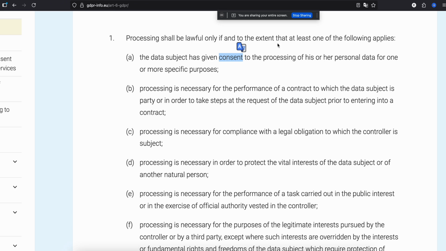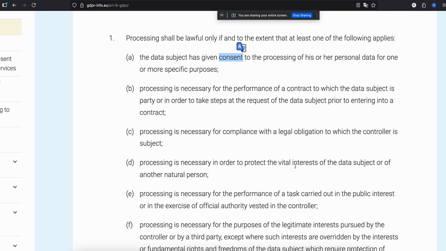Maybe they will ask you during a meeting, you are collecting data from this data subject, by which method are you going to apply for data collection based on GDPR? Now you'll be confused. Which requirement do I need to find out? So you need to remember these 6 points: consent, performance of contract, legal obligation, vital interest, public interest, and legitimate interest. These are pretty simple 6 terms, and they are pretty self-explanatory.